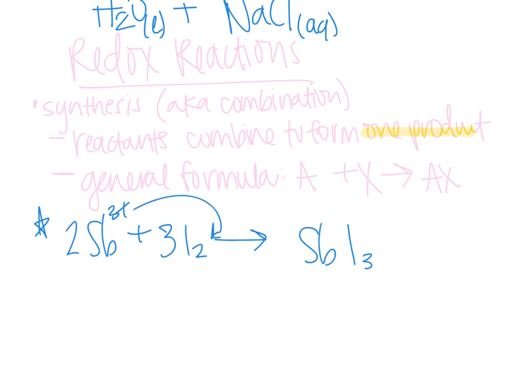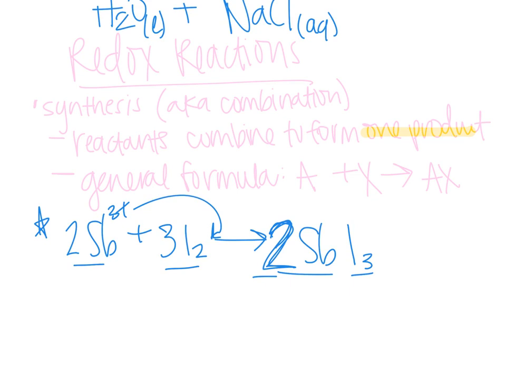So we get SbI3, and then we have to make sure our equation is balanced. So here we have 2 antimonies, here we just have 1, and here we have 6 iodines, and right here we have 3. So this could be fixed easily by putting a 2 there. So now we have 2 antimonies and 6 iodines.